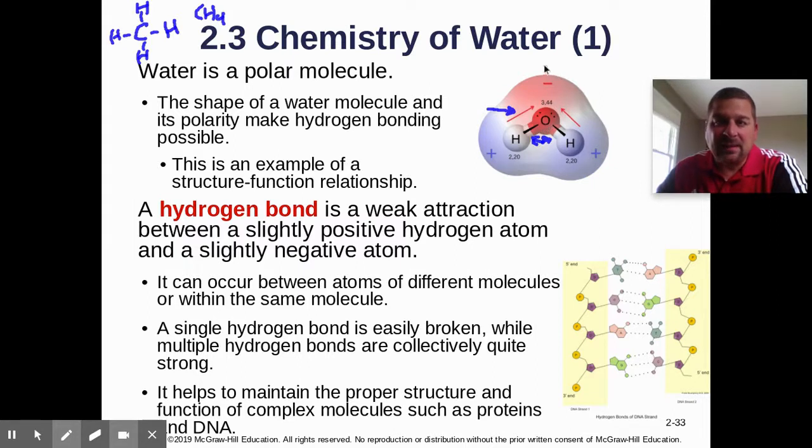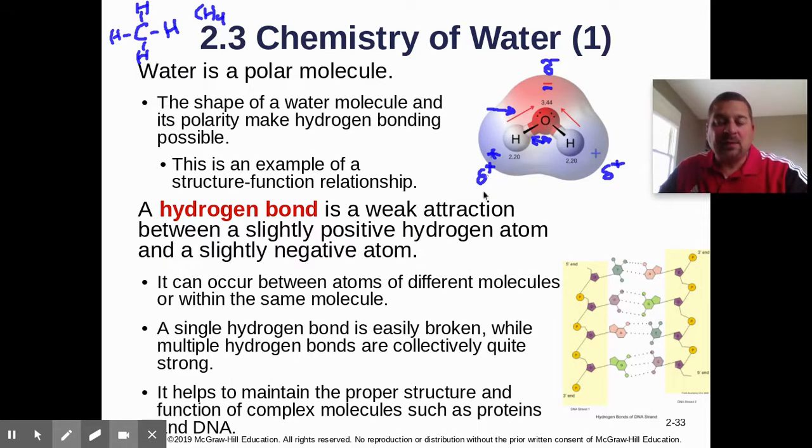That makes this side slightly negative, and it makes the hydrogen sides slightly positive, because the electron has a negative charge. So we say there's a polar covalent bond, which makes the molecule polar, with a slightly negative side up here and a slightly positive side on this end.